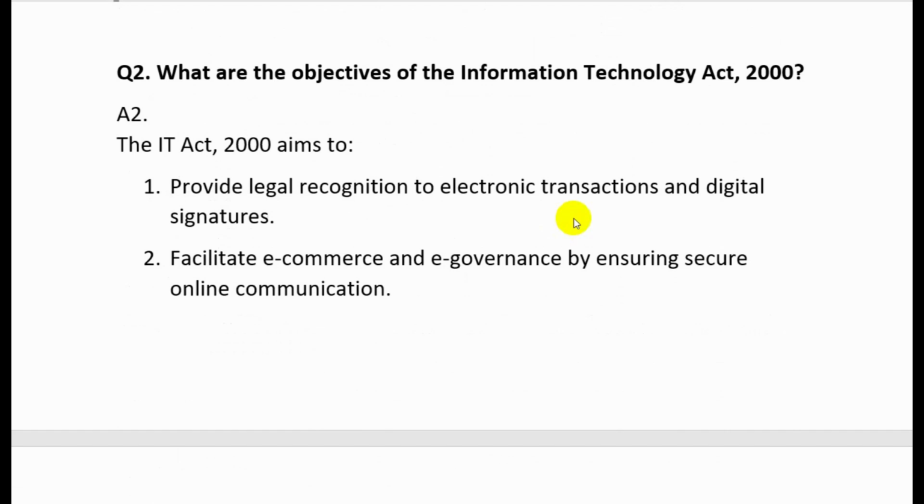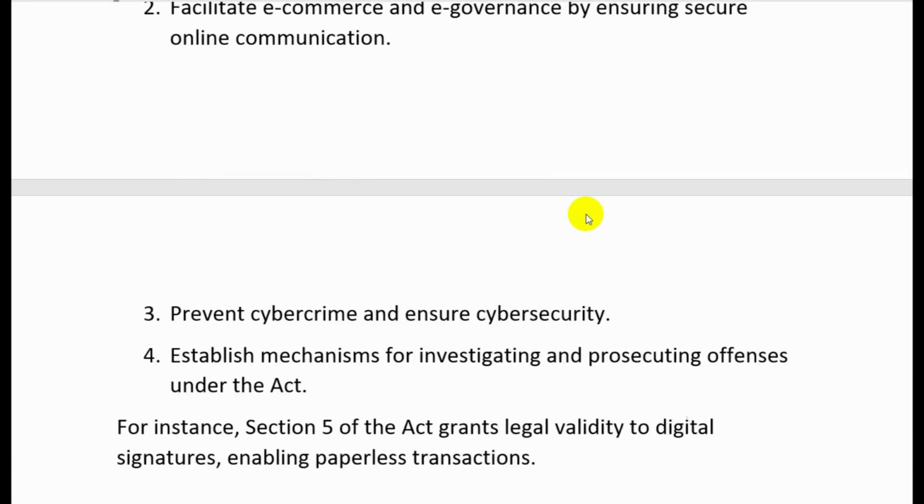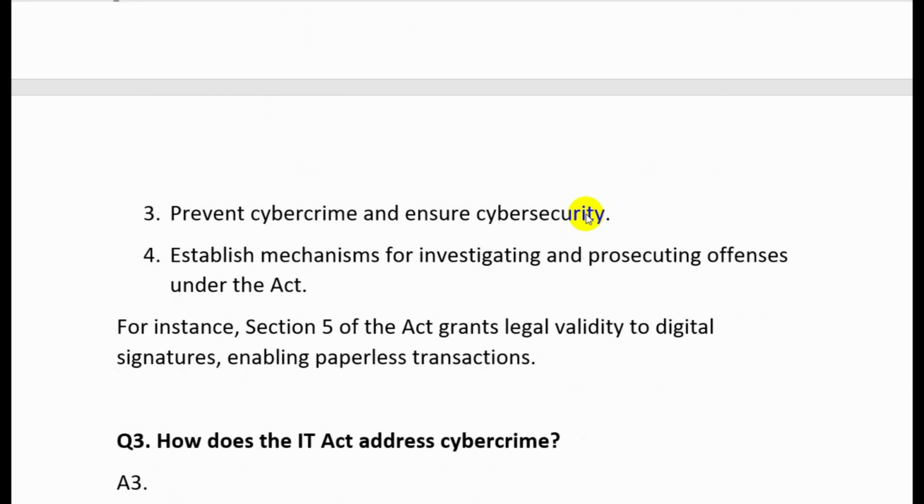Next, what are the objectives of the Information Technology Act of 2000? The IT Act 2000 aims to provide legal recognition to electronic transactions and digital signatures, facilitate e-commerce and e-governance by ensuring secure online communication, prevent cybercrime and ensure cybersecurity, and establish mechanisms for investigating and prosecuting offences under the Act.